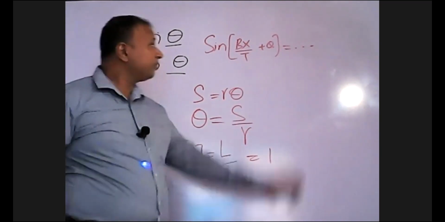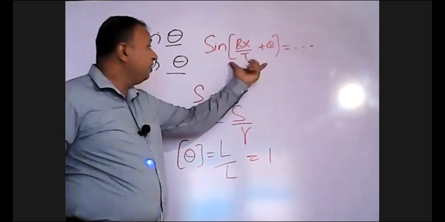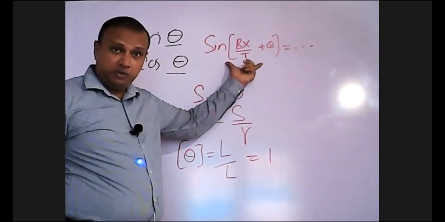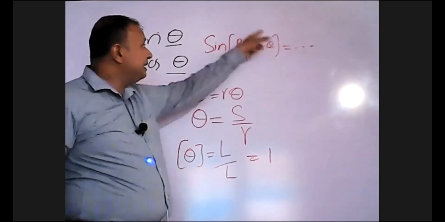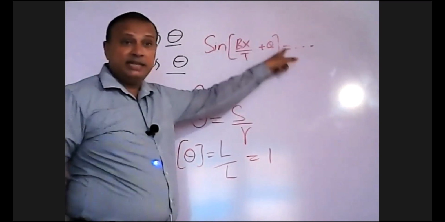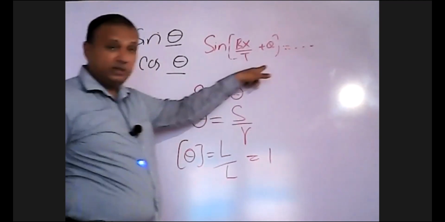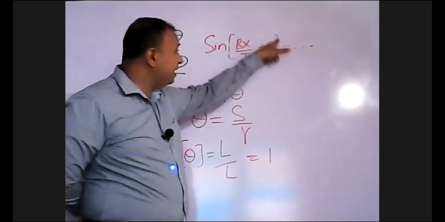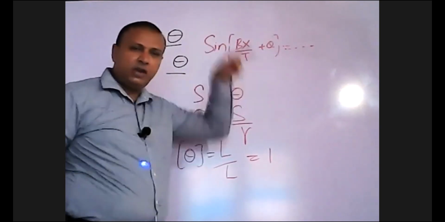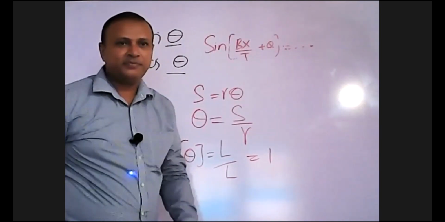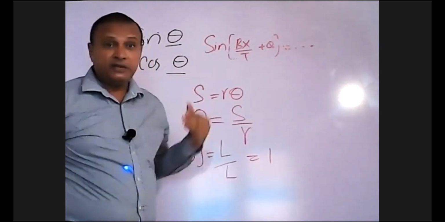Look at this. In trig functions, within that function, there should be an angle. Therefore, this entire expression should be an angle. If the entire expression is an angle, then definitely q should be an angle. It differs from logarithm functions.